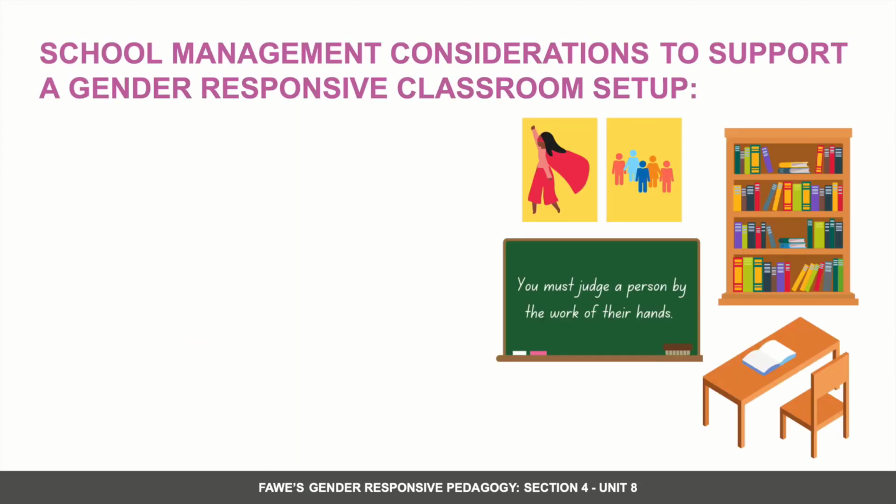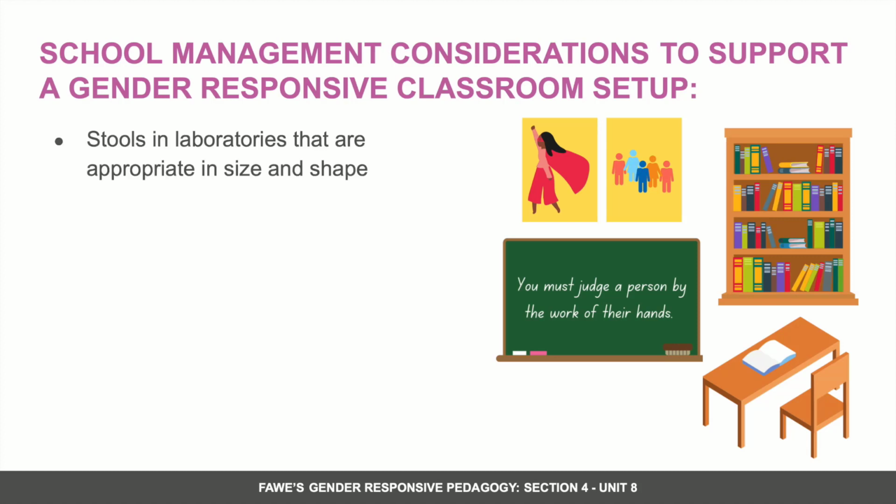School management must also consider what they can do to support a gender responsive classroom setup. They might consider stools in laboratories that are appropriate in size and shape, thus enabling effective participation of both girls and boys. Appropriate shelf heights in the libraries for students depending on age, height, and physical ability.